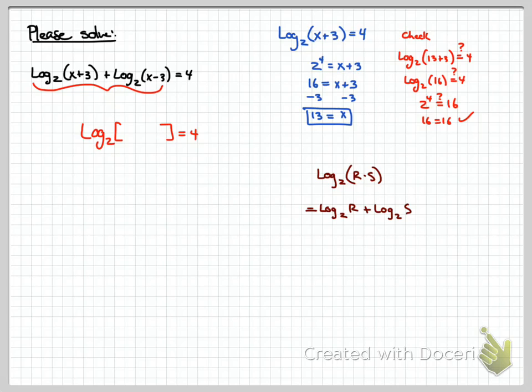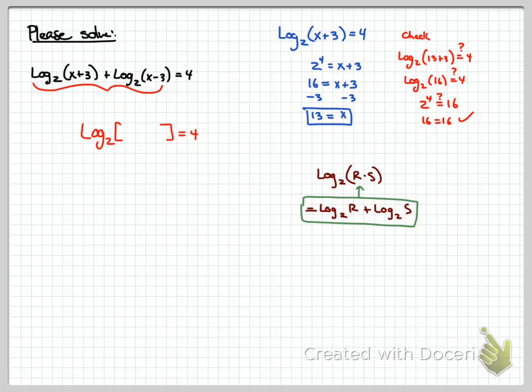For instance, as it stands, we have kind of a separated logarithm, if you will. I've got log base 2 of something plus log base 2 of something else, which is very similar to what I have here. What I claim we can do is take this sort of expression and condense it into a single logarithmic expression.